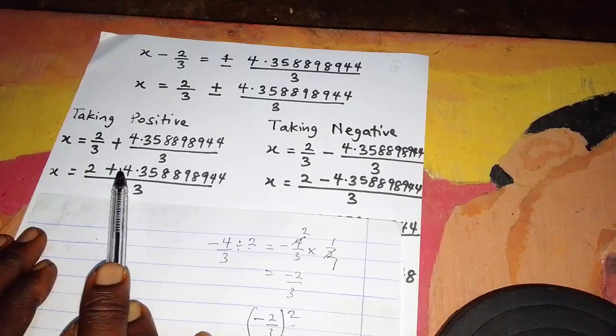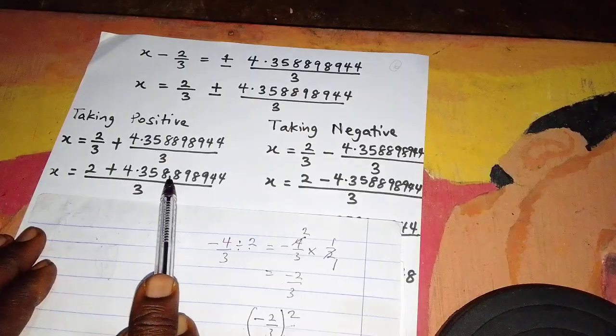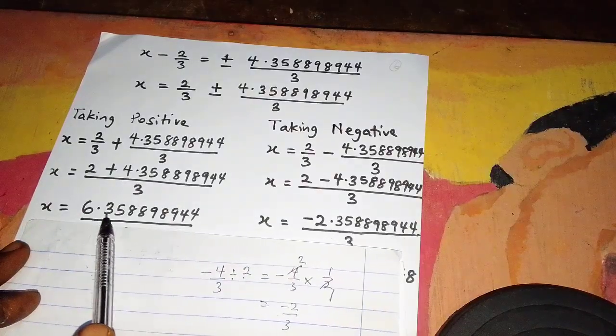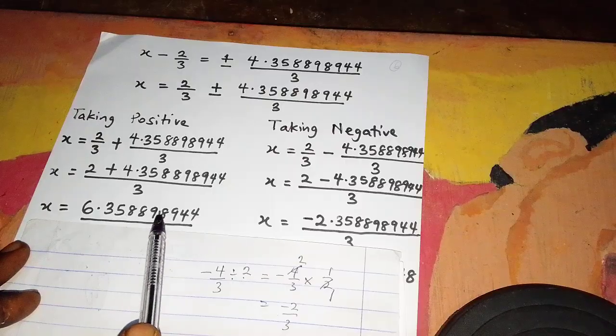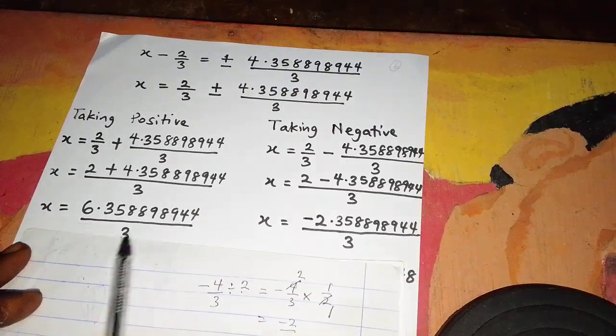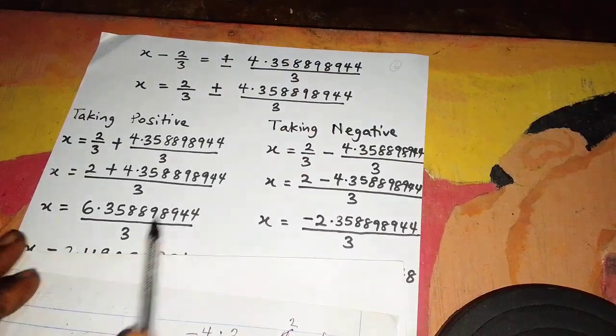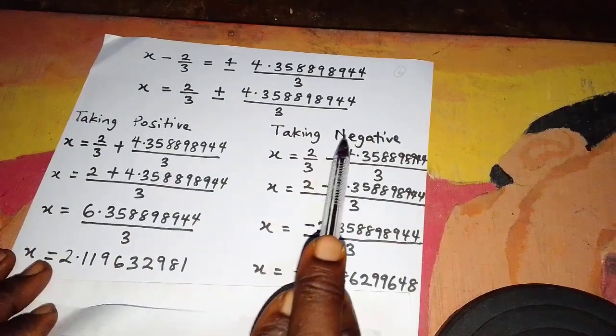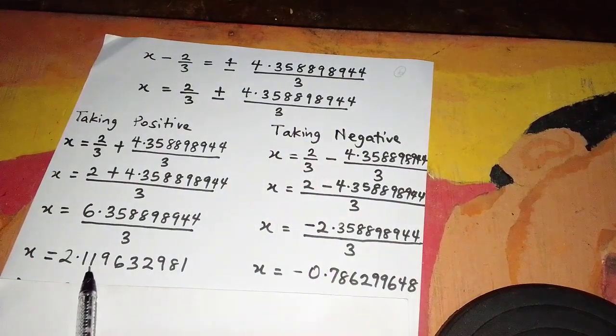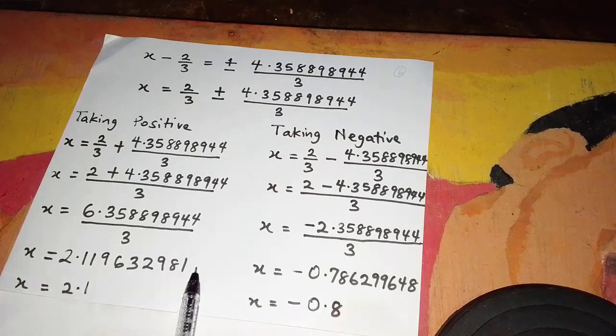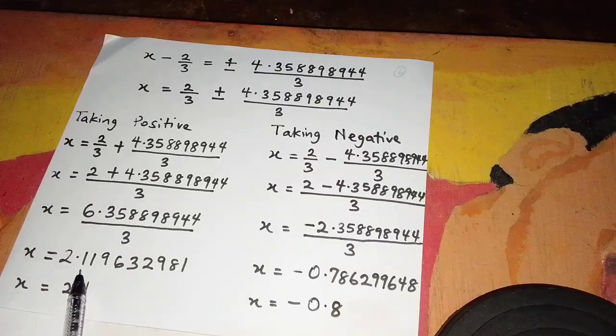So you now have 2 plus 4.35, which will give you 6.358898944 divided by 3. When you divide it by 3, you have 2.119632981. If you do this to one decimal place, you have x is equal to 2.1.